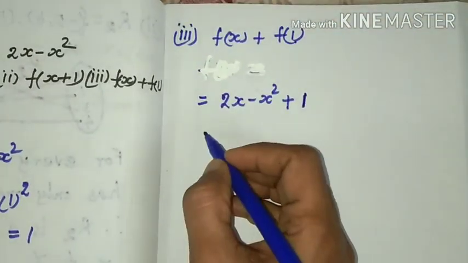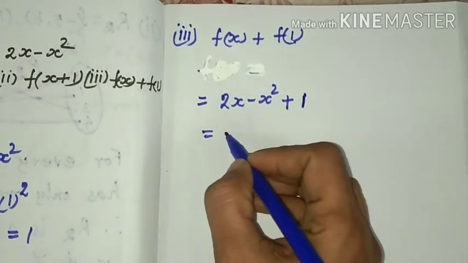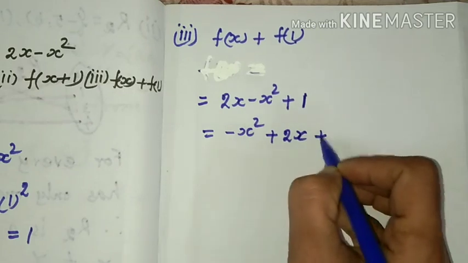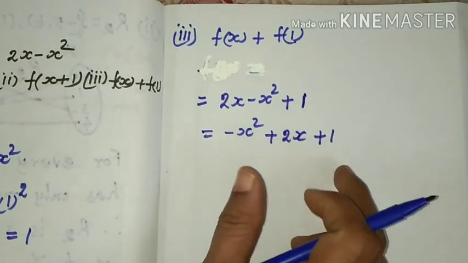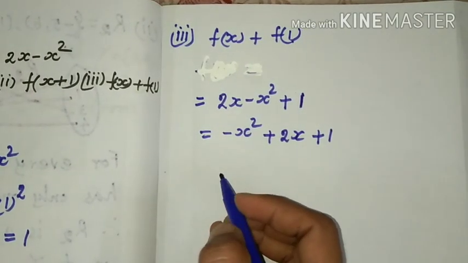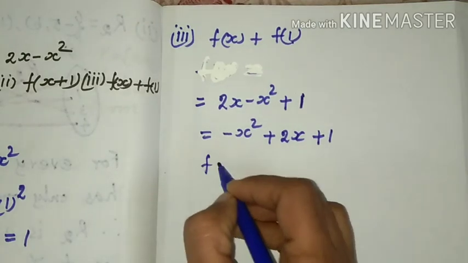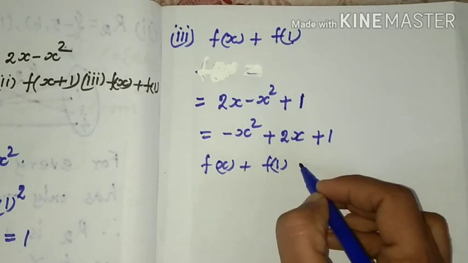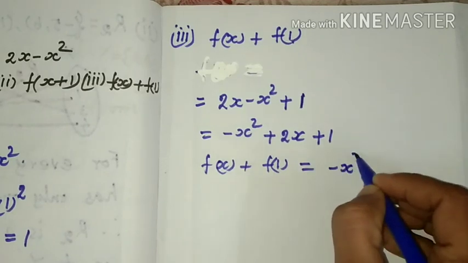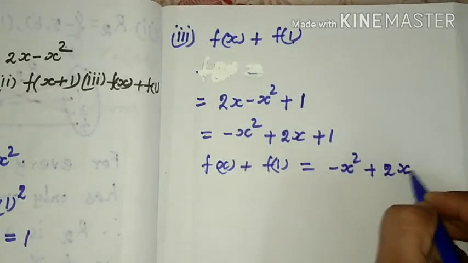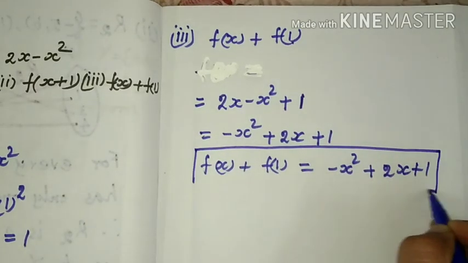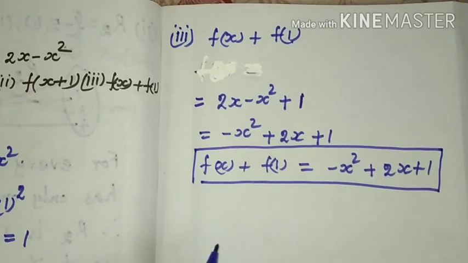So now the answer is minus x squared plus 2x plus 1, write in standard form. So now we get the answer of f of x plus f of 1 is equal to minus x squared plus 2x plus 1. This is the answer for f of x plus f of 1.